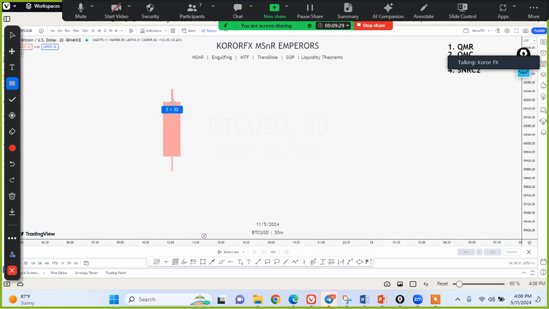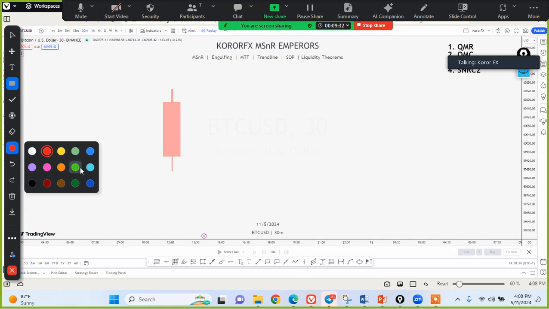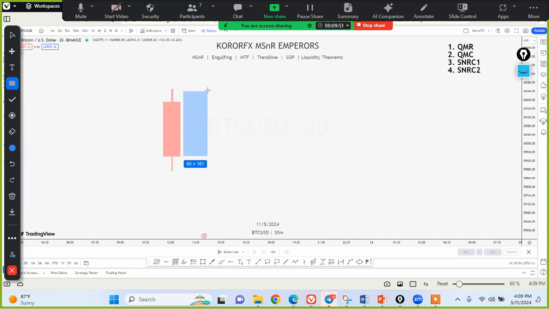So when I get a bearish candle, then we get a bullish candle, moving from here to there. So we got a bullish candle, right?